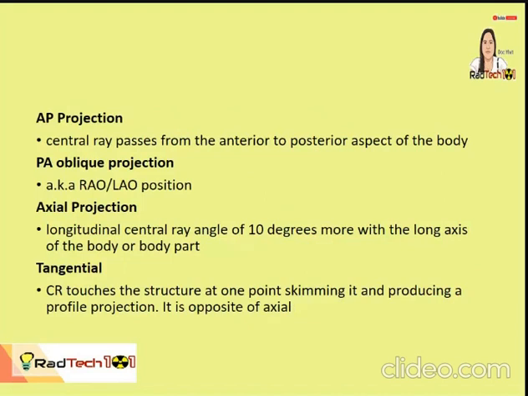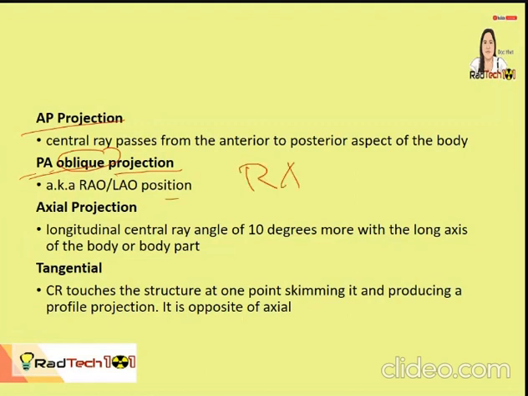I have also discussed the AP projection and the PA oblique projection. So the patient is PA. This is a projection. It enters the posterior portion and exits the anterior, but the patient is oblique. So it is also referred to as the right anterior oblique position.